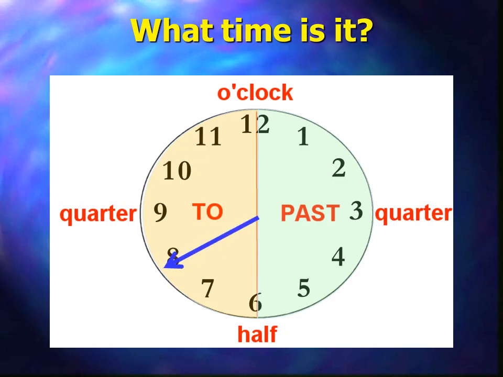If the minute hand is pointed between the 6 and the 12, we typically say that that is "to." And how we get there is we start at the number at the minute hand and count up towards the 12. And that will tell us how many minutes are left in the hour. And we would say, in this case, it would be 20 minutes to 3 o'clock, for instance.